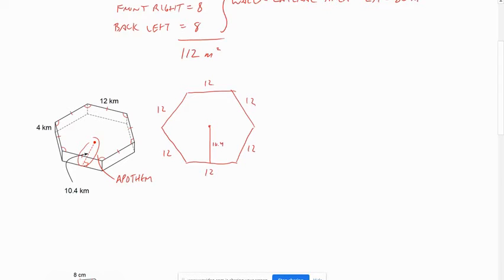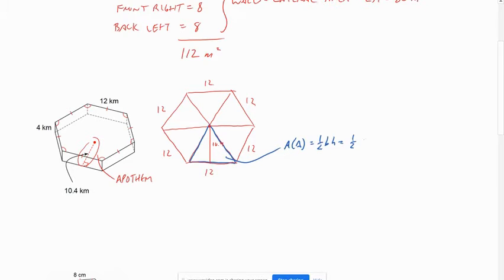Now the reason why that's important is because the way we're going to find the area of each polygon, in this case a hexagon, is by splitting it up into triangles. So we see that this hexagon can be made into 6 triangles. So if we can find the area of one triangle, then we'll be able to just multiply by 6. The area of this triangle is 1/2 base times height.